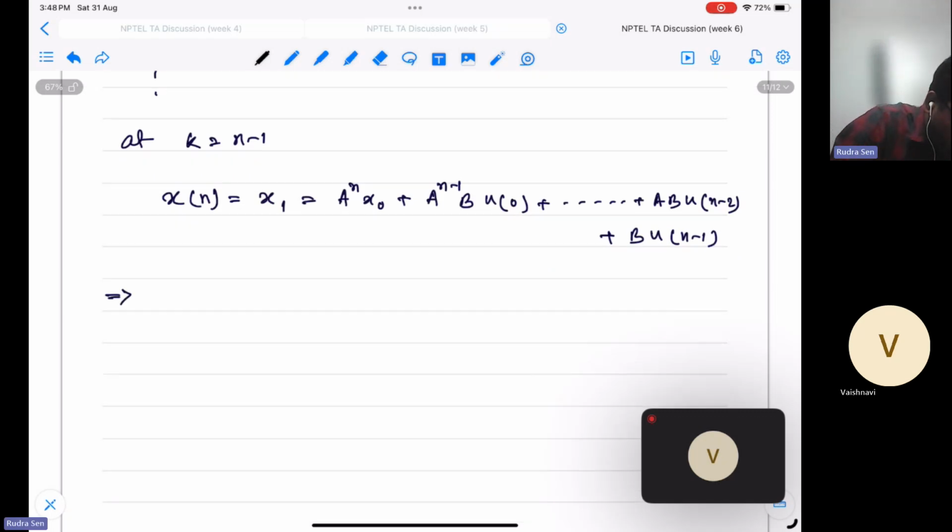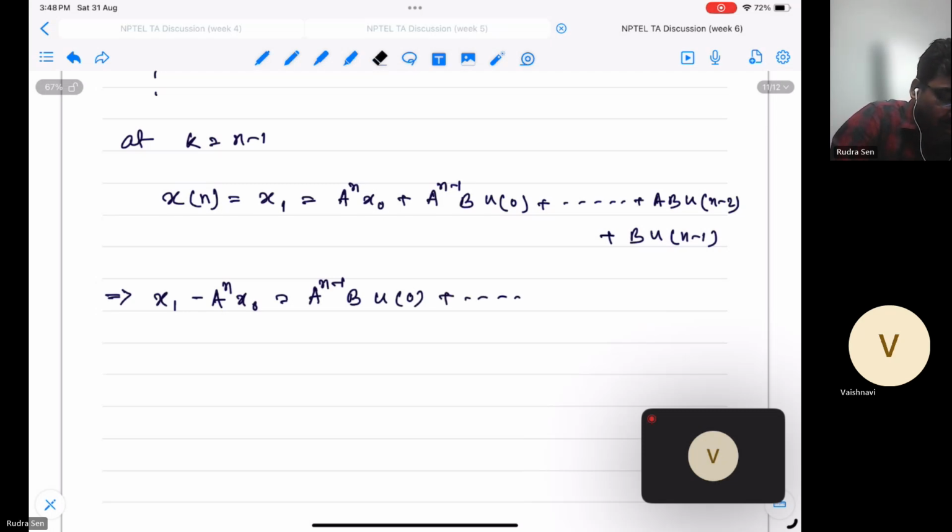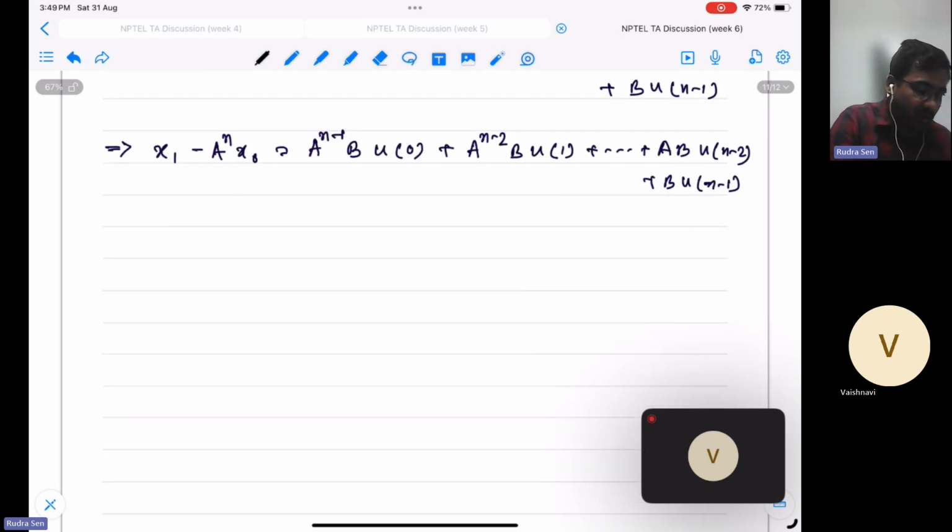Now if we do x n minus A to the power n x0, what is left out? A to the power n minus 2 B u1 plus AB u n minus 2 plus B u n minus 1, right? So we can write these things in that format.